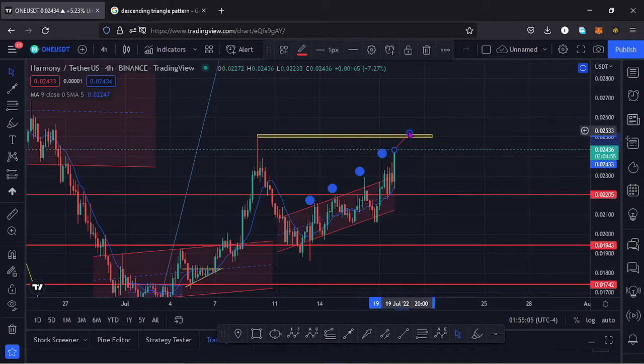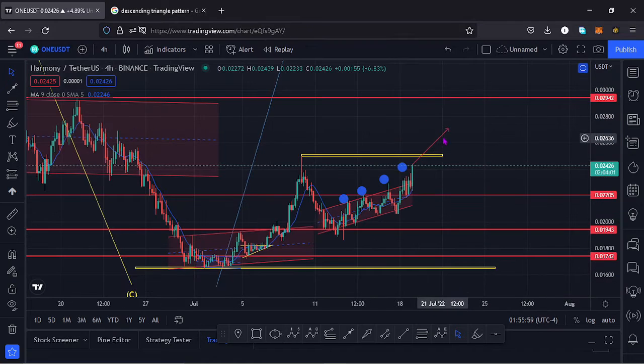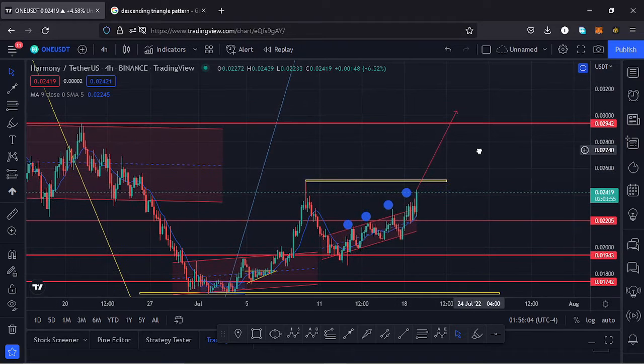Once we break above that high and maybe have a retest of that area, I expect us to continue pushing to the upper side, and in that movement I expect us to go to around the $0.03 mark. Before we get to around the $0.03 mark, we'll be facing a key area of resistance at around the $0.029 mark. Once we get to that area and maybe break above it and have a retest, then we can continue pushing higher.